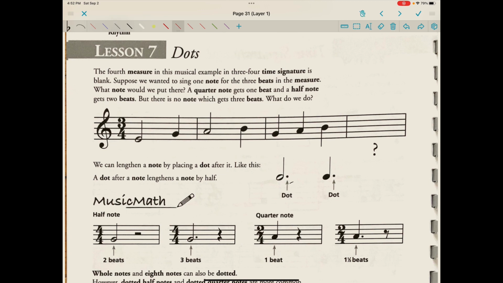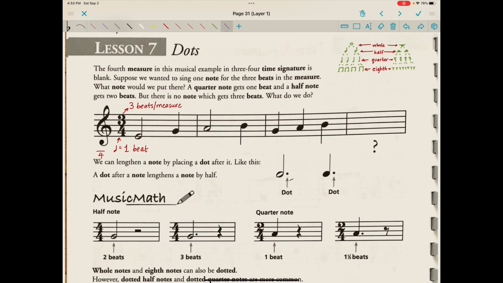So first of all, let's just take a moment to break down our time signature. The 3 on the top tells us that there are 3 beats per measure. And the bottom number tells us, if we think of it as the denominator of a fraction, that a quarter note equals 1 beat.